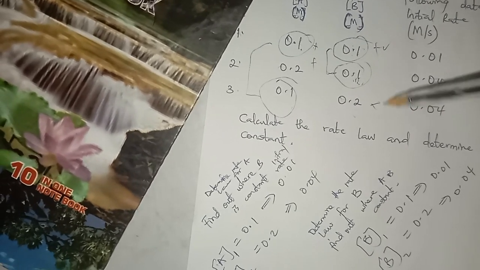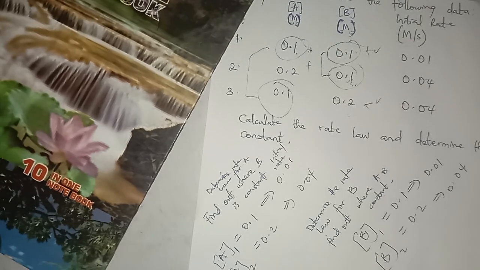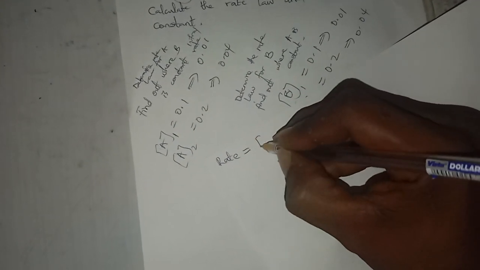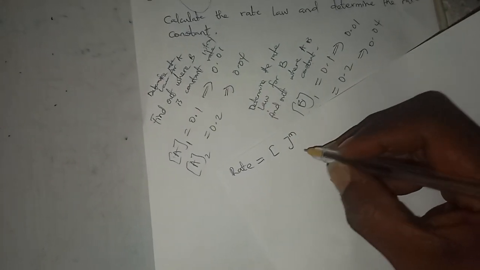So if I've pulled all these things out, I will now apply the formula for rates. There's so much air here, so notice the paper flies out sometimes. So using the formula for rates, the formula for rates is simply rate equals concentration raised to power m.